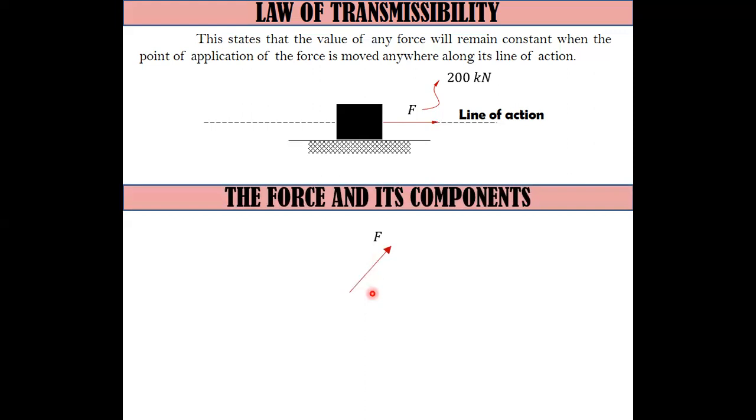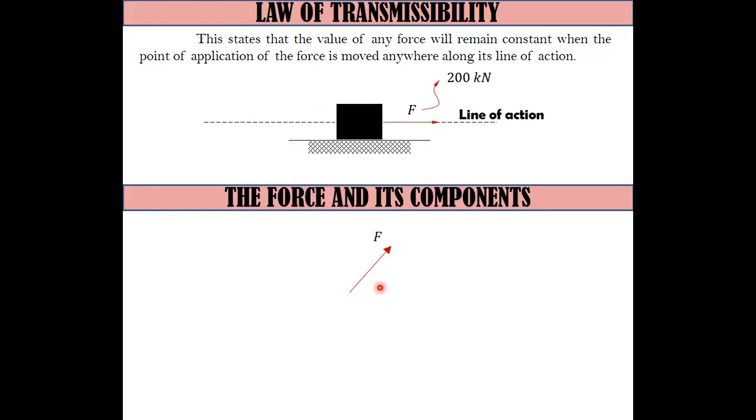It is customary that the easiest orientation of the force is horizontal and vertical. So what happens when we encounter an inclined force? For example, what we have on the figure is an inclined force acting northeast. The best way to analyze it is to split it into its components.